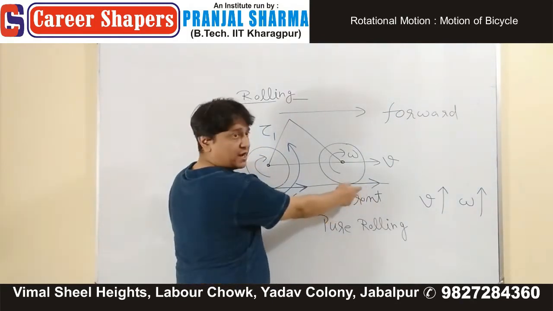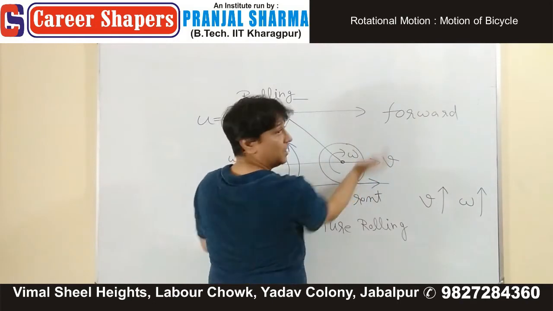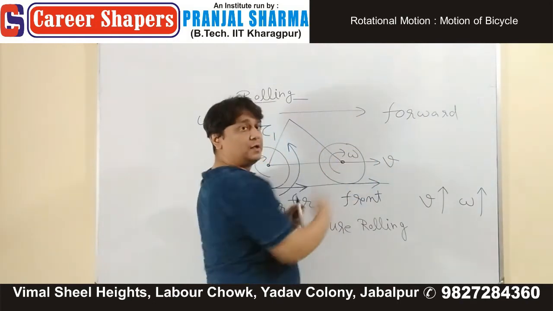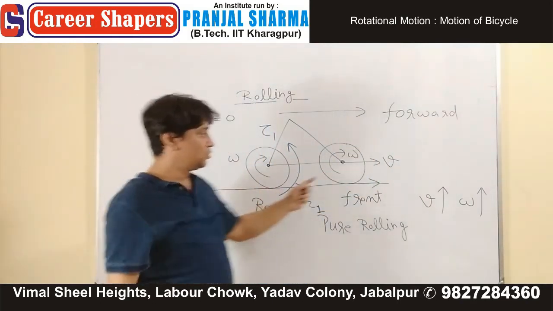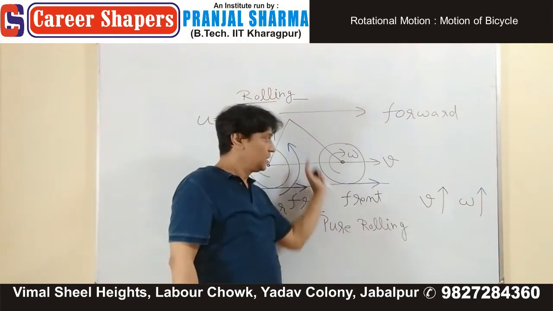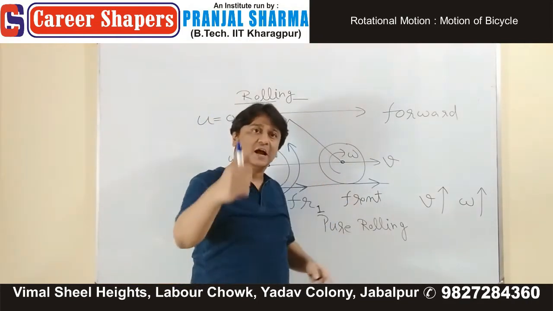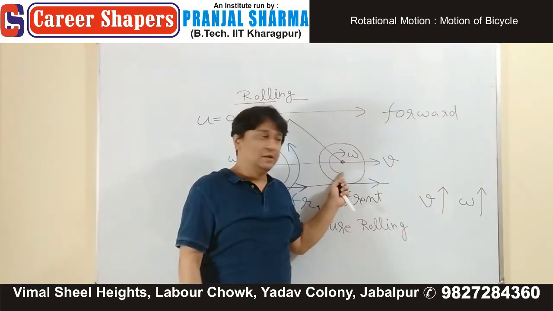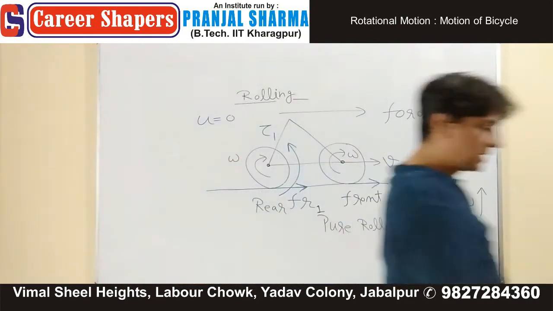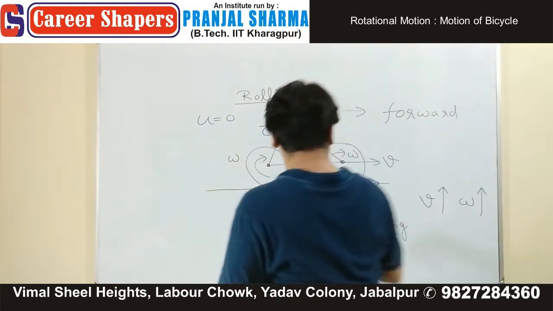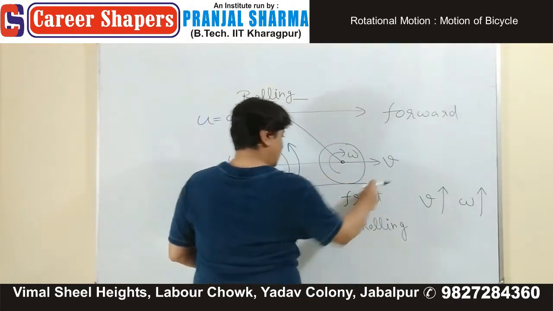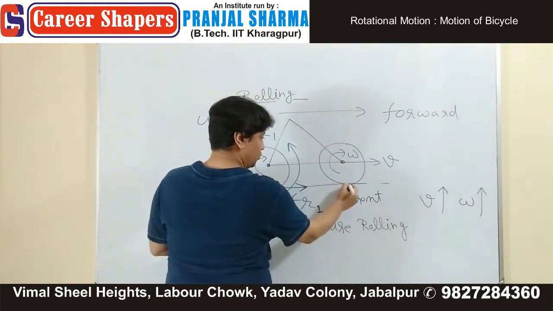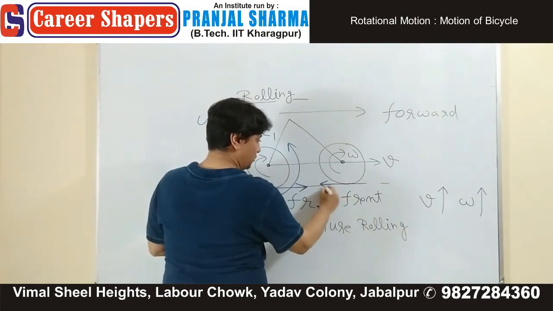ये जो फ्रिक्शन है इसका टॉर्क कैसा आता? Anticlockwise. लेकिन जब आप पैडलिंग करोगे तो ये व्हील भी क्या रोटेट करेगा? Clockwise. So what is that which has produced this clockwise rotation? This clockwise rotation can only be produced by force of friction which is acting backwards.